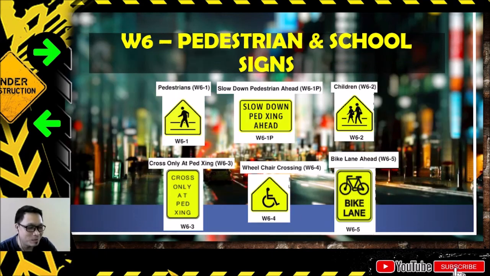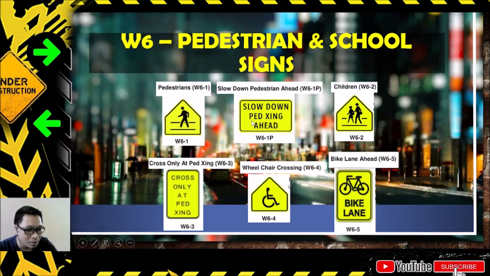Okay, next we have pedestrian and school signs. This type of signs is intended to give warning to the motorist that there is a pedestrian. So once a motorist enters a pedestrian area, they have to slow down. So what is meant by this? It means that you have to slow down for pedestrians.